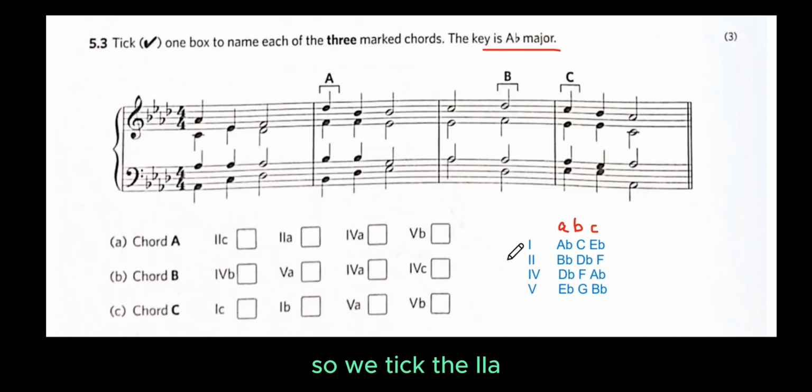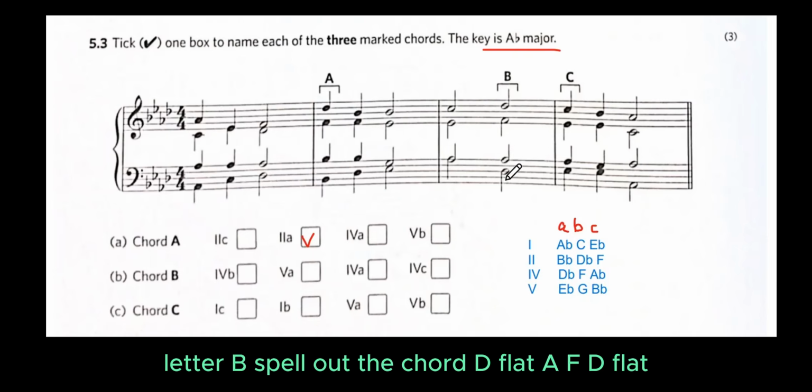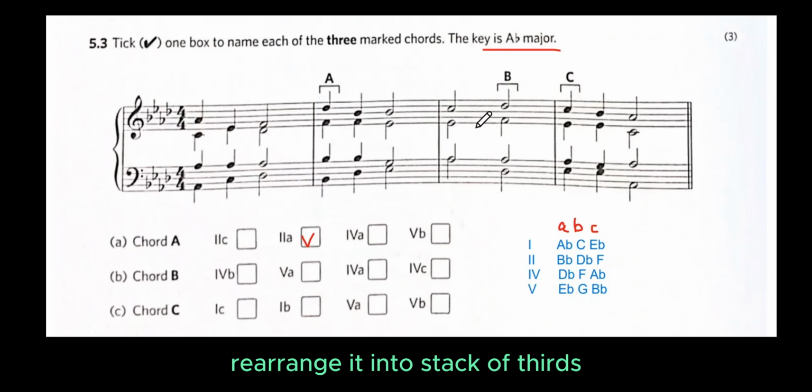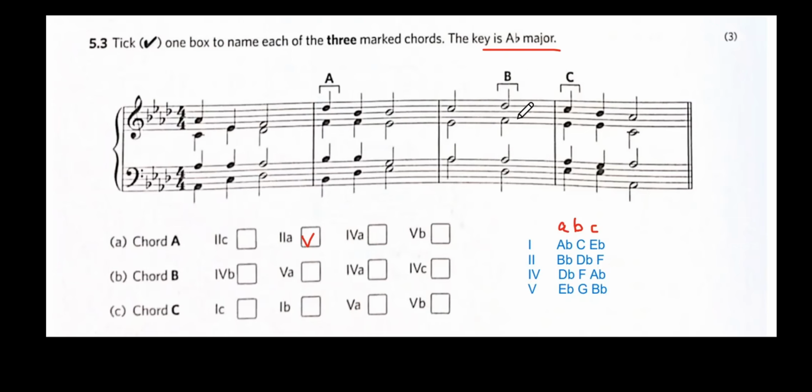So we take the 2A. Letter B, spell out the chord D flat, A flat, F, D flat. Rearrange it into stack of thirds, D flat, F, A flat. D flat, F, A flat. So it will be a 4. Again, it's root position, so 4A.